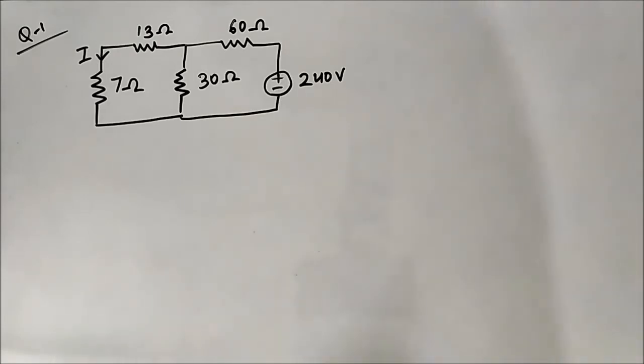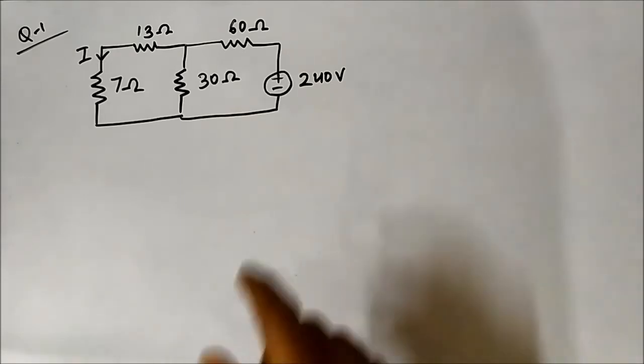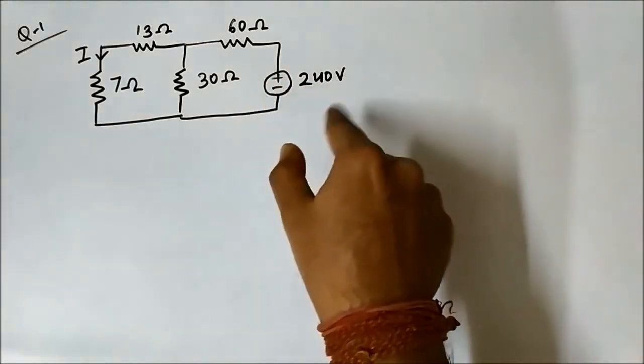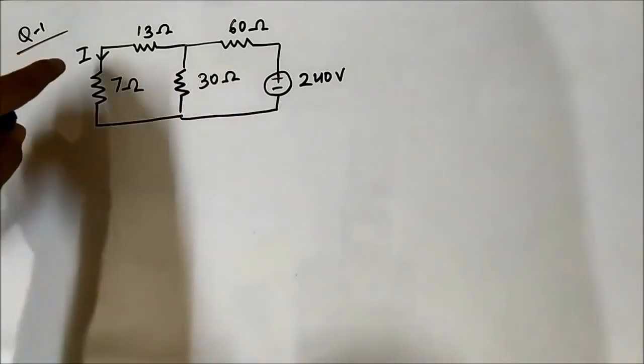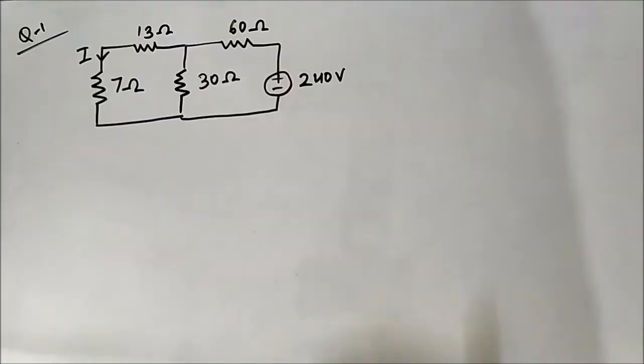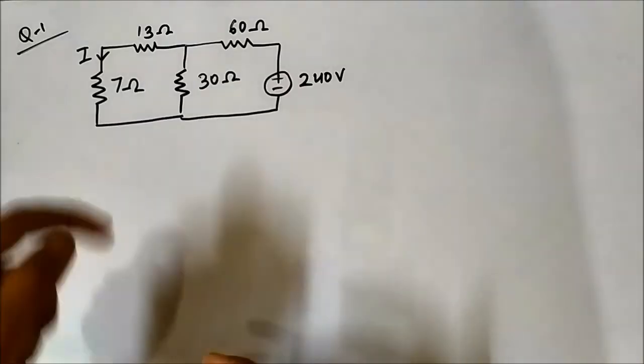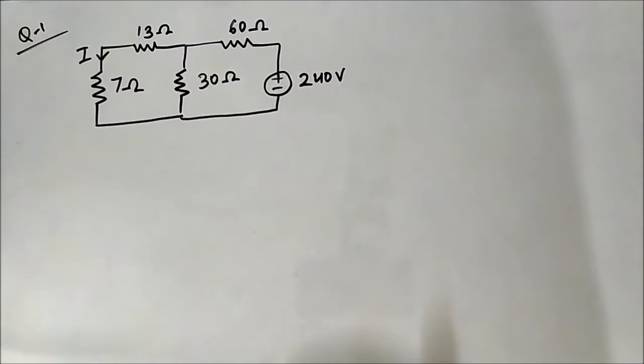So it is a very simple circuit because it consists of only one voltage source, an independent voltage source, and it has 4 resistors, and we have to determine this current I flowing through the 7 ohm resistor.